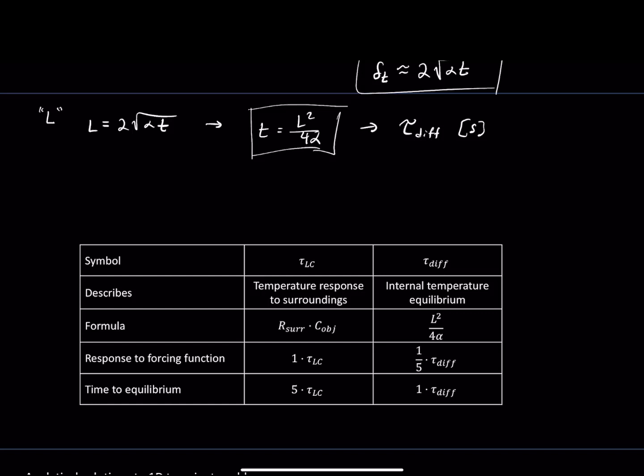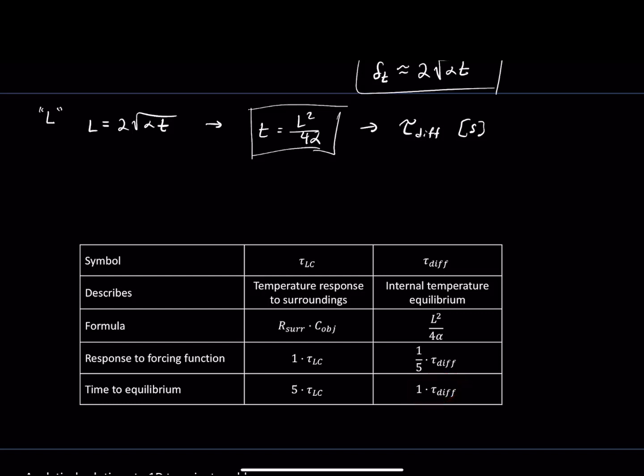If you have a forcing function, the time response to that occurs in 1 times tau LC, whereas for the diffusive time constant, it's basically 1/5 of that. Another way of saying the same thing is that the time to equilibrium is 5 times tau LC, while the time to internal temperature equilibrium is 1 times tau diff.